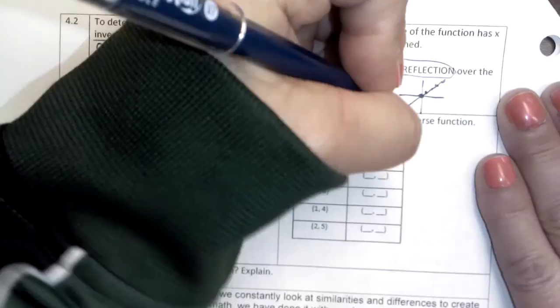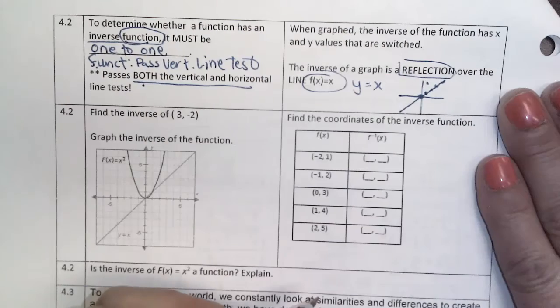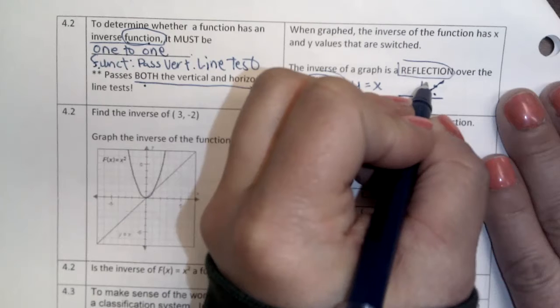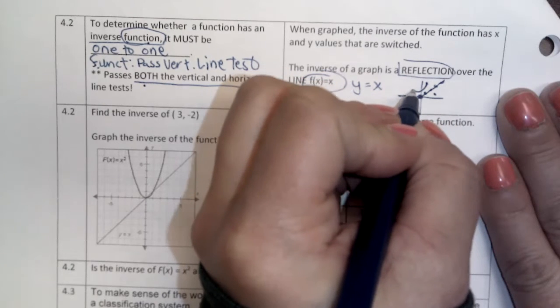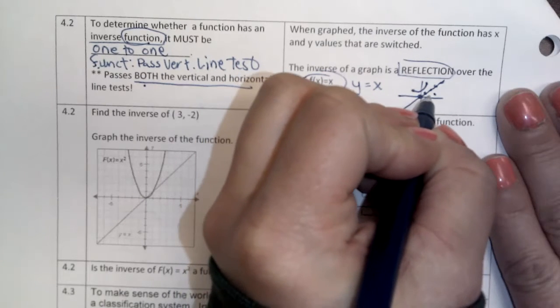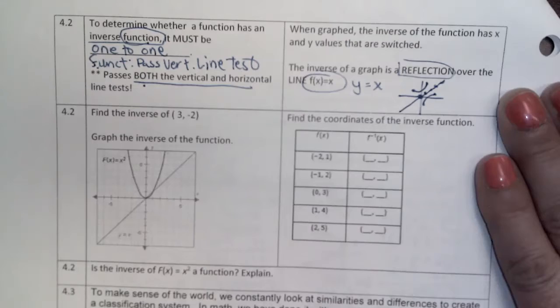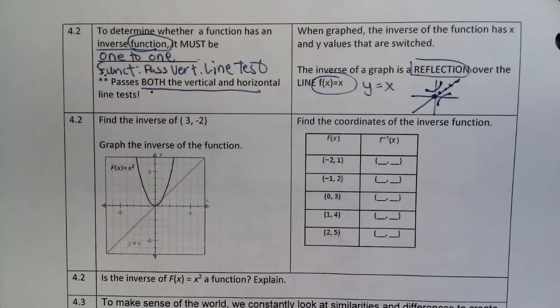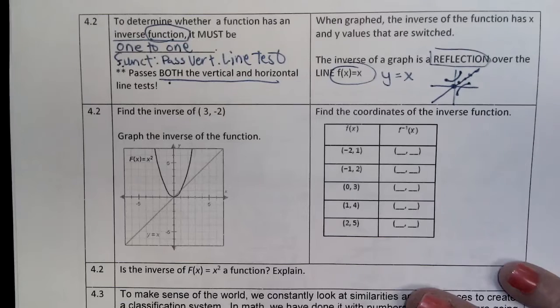Whatever I draw here is just going to be reflected on the other side of that line. So that's actually what the inverse is. It's a reflection across the line y equals x.